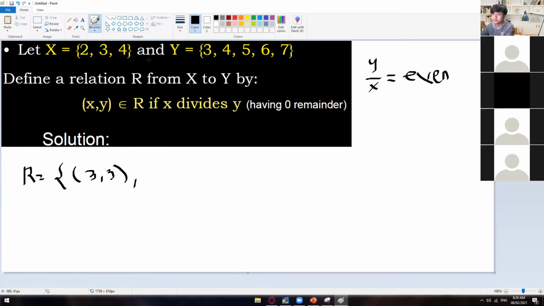Not possible, sir, so we will not list that one. How about 4 divided by 2? Possible, sir. So we have to list these coordinates. How about 4 divided by 3? Not possible, sir. How about 4 divided by 4? Possible, sir.